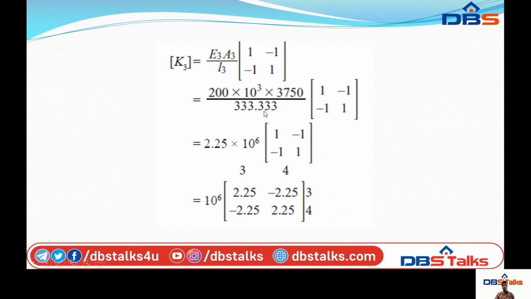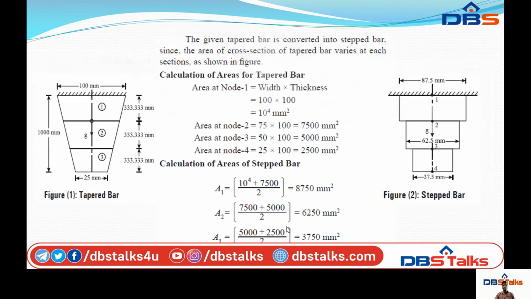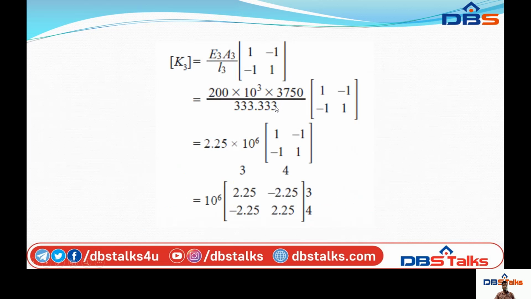Similarly, for element 3, K3 equals E3 A3 by L3 times [1 -1; -1 1]. The Young's modulus for element 3 is the same, 200 gigapascal, 200 into 10 cube, into the area for element 3 in the stepped bar, 3750 millimeter square, divided by the length 333.333.